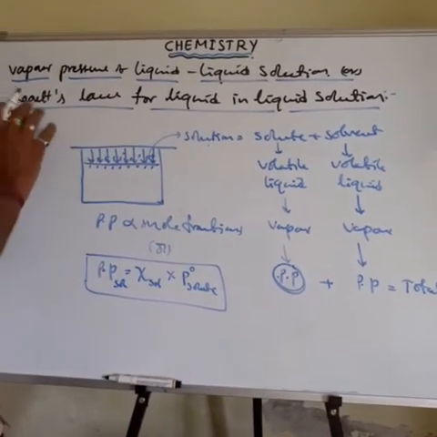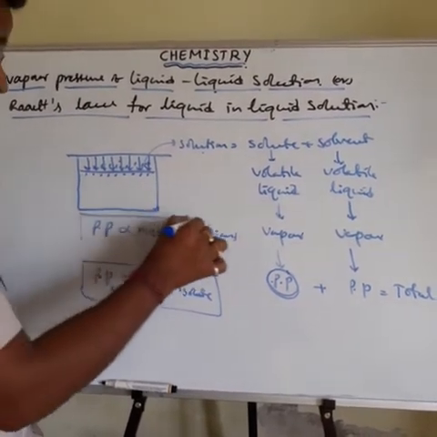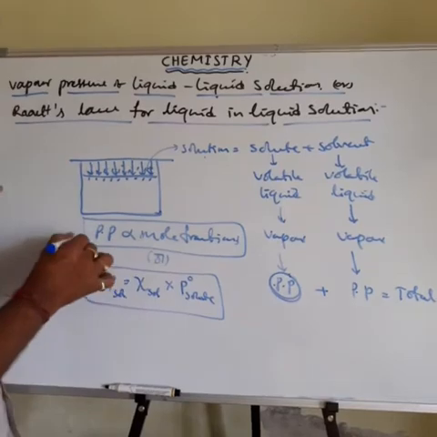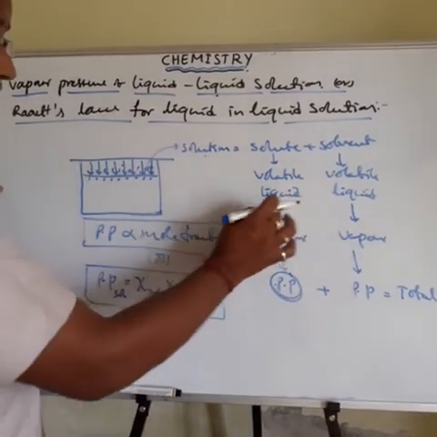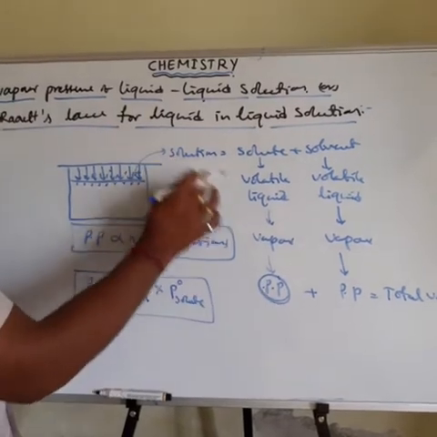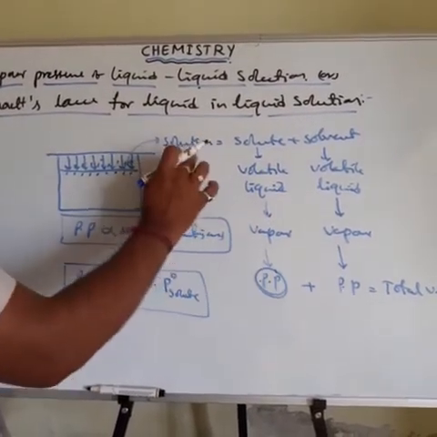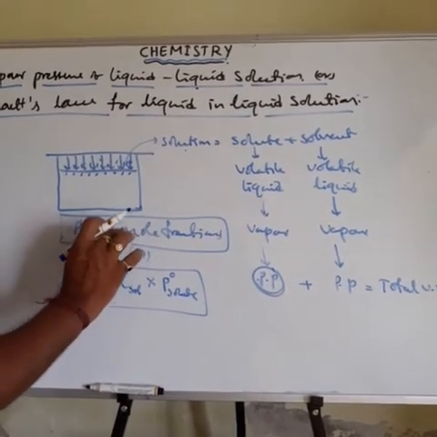Once again, there are two statements of Raoult's law. Statement one: in a solution containing two volatile liquids, the vapor pressure of each component, the solute or the solvent, is directly proportional to its mole fraction.